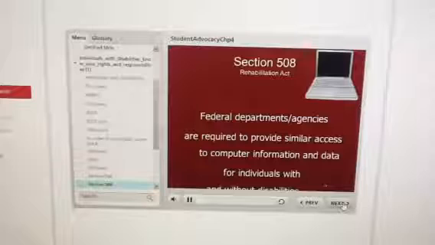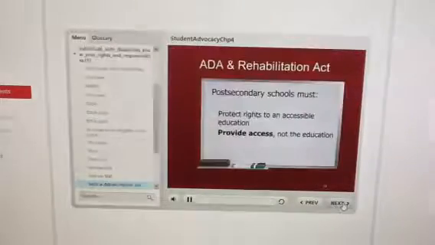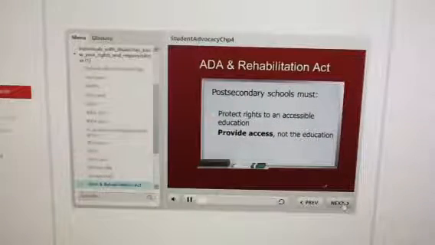Section 508: federal departments and agencies are required to provide similar access to computer information and data for individuals with and without disabilities. ADA and Rehabilitation Act: post-secondary schools must protect rights to an accessible education, provide access, not the education.